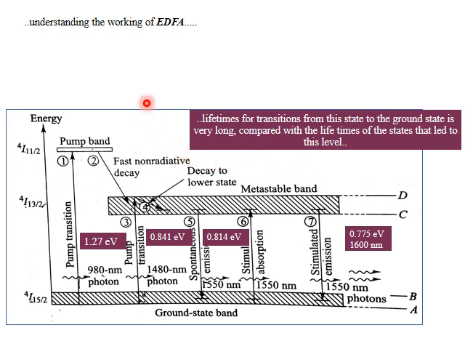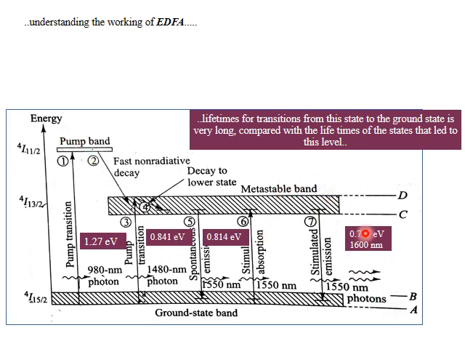So let us start how we can explain the working of EDFA. The figure shows the energy band diagram of the erbium doped fiber amplifier. It mainly consists of three bands: ground state band, pump band, and metastable band.